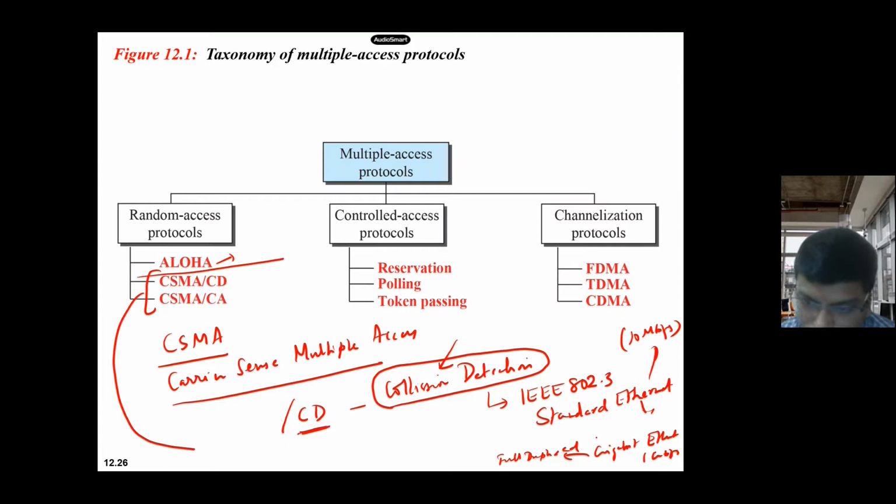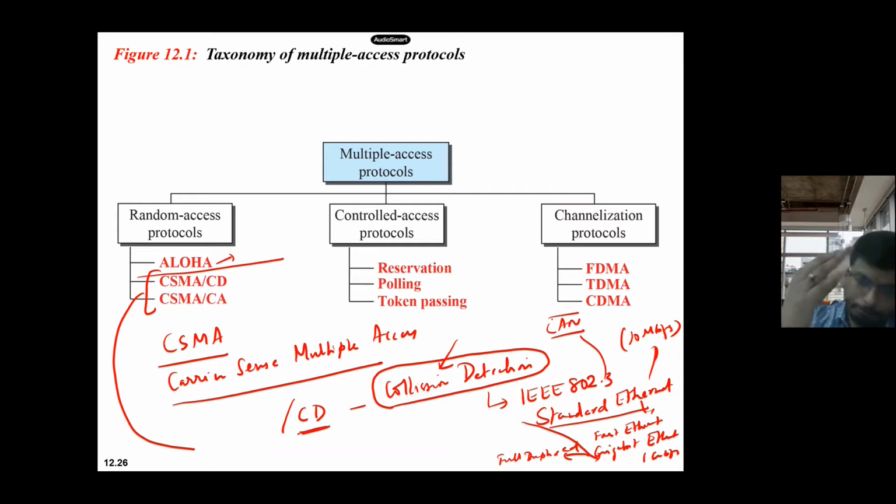In between gigabit, the earlier one was fast Ethernet, which is 100 Mbps, right? So I think we have gone through a very big evolution in the Ethernet standard. But what we are now looking at is first the MAC aspect of it. But please understand this 802.3 standard Ethernet is the first widely used LAN in those days, right?